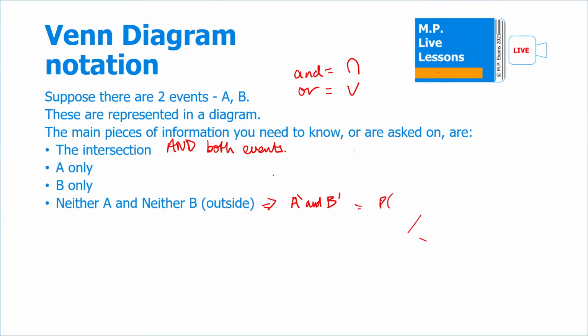So that's really P of A dash intersection B dash, like this. So try and shade the region that satisfies number one, probability of A dash intersection B. So that's where it's not A and B.